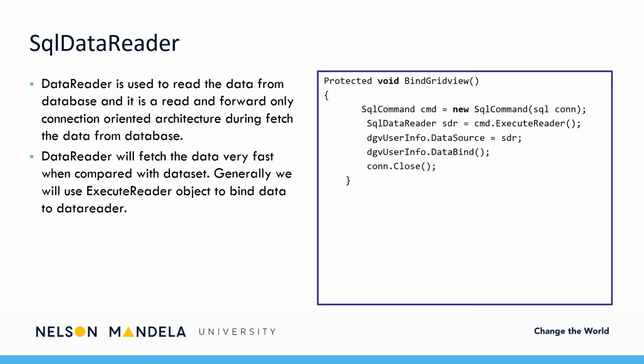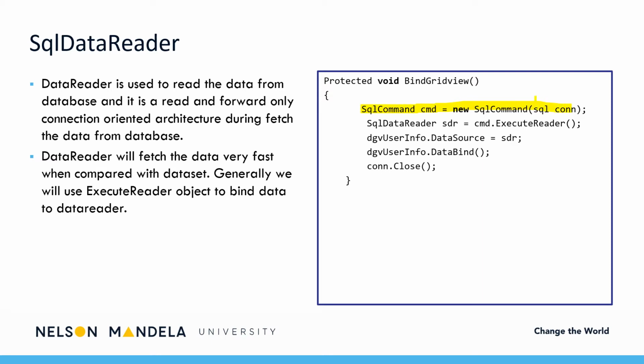So there are three types of data holders or classes that are used to read data. One's the data reader, which is used to read data from the database, and it is a read and forward only connection. So what this does is, I'm just going to quickly grab a highlighter. So here, this is your command.